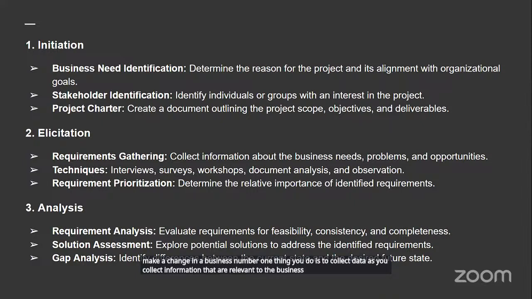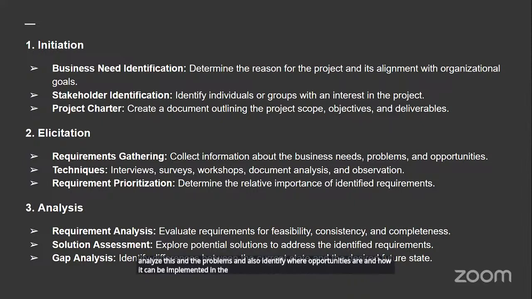First of all, you need to look at how it was run in the past, and what is lacking. You also need to analyze the problems, identify where opportunities are, and how they can be implemented in the business.